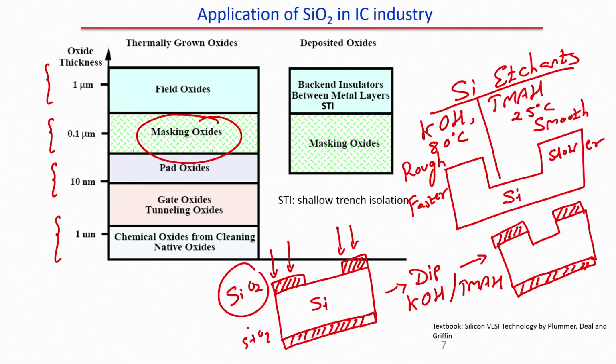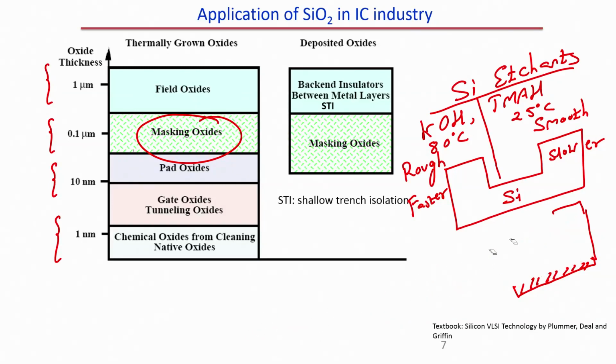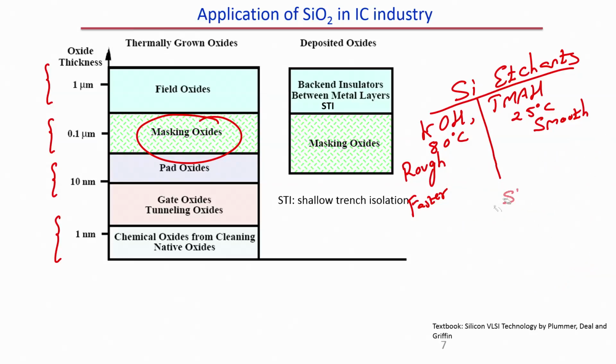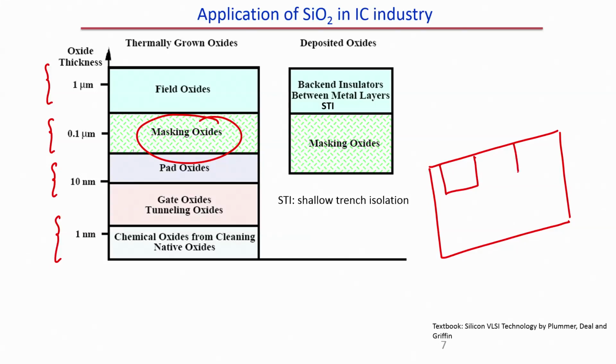All right. This is an example of masking oxide. Now, in the same way, by changing the thickness of silicon dioxide, we can also use it as pad oxides. We can also use silicon dioxide for gate oxides. We all know that when we have a MOSFET, we are just drawing a very simple diagram.